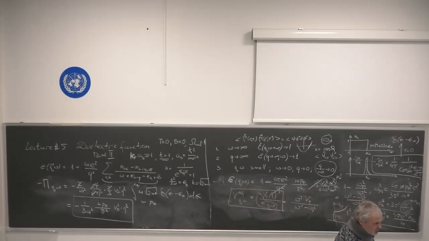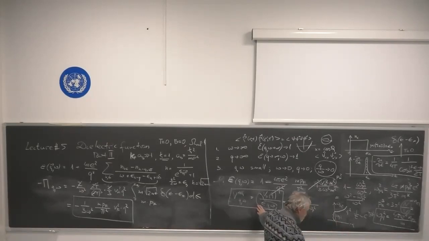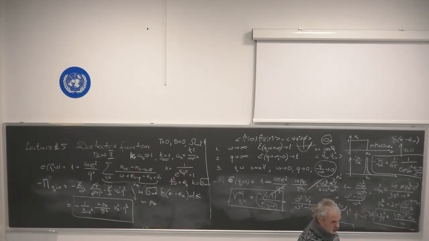I remember that 20 years ago, when high-Tc, high temperature superconductivity, was discussed, many people didn't understand what the true correlation function to be measured is, either the dielectric function or the inverse dielectric function. You see that this is the inverse dielectric function. So it is not poles of it, but zeros of the dielectric function, which define the branch of collective excitations.